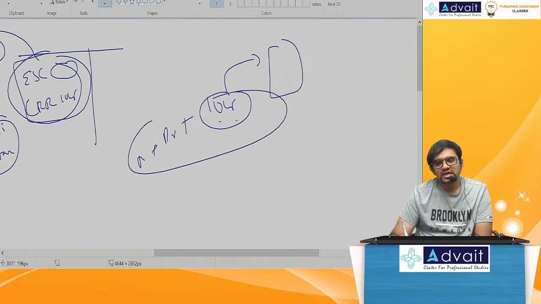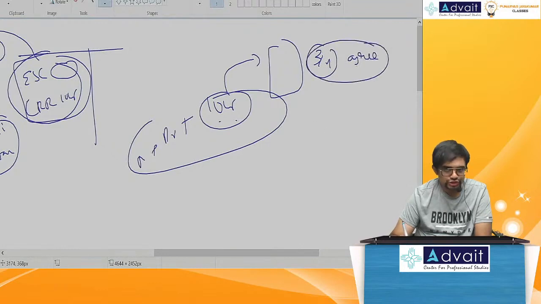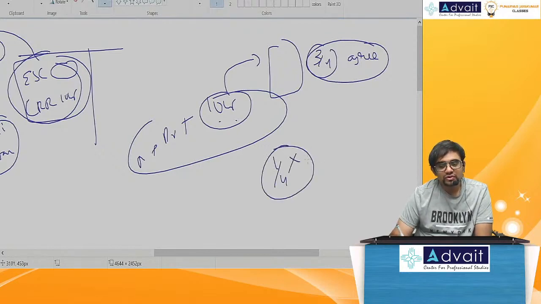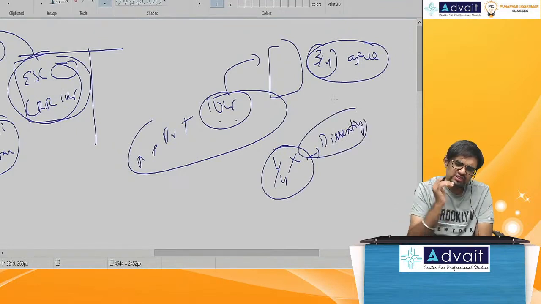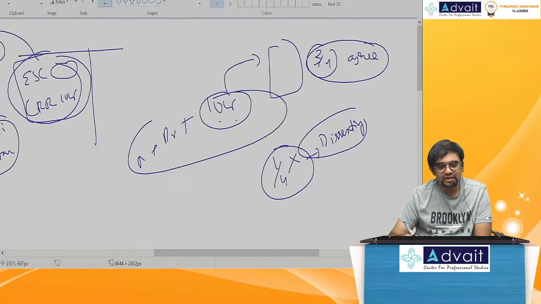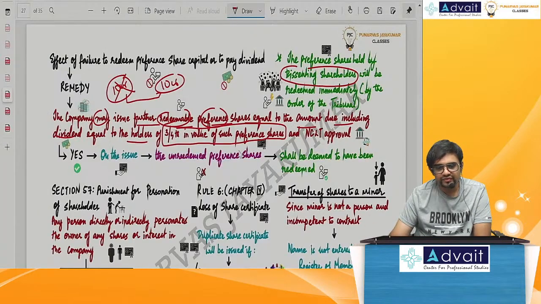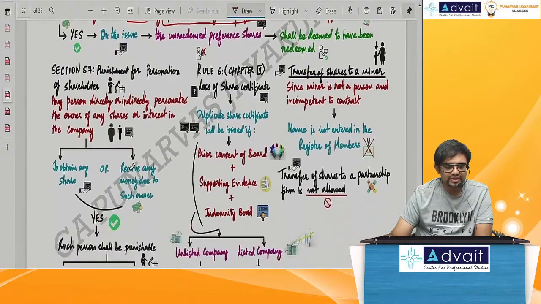If 3/4 in value agree, only then it can be reissued. The remaining 1/4 who do not agree are called dissenting shareholders. For dissenting shareholders, the law says you have to repay immediately, no waiting for later. That is with respect to this.